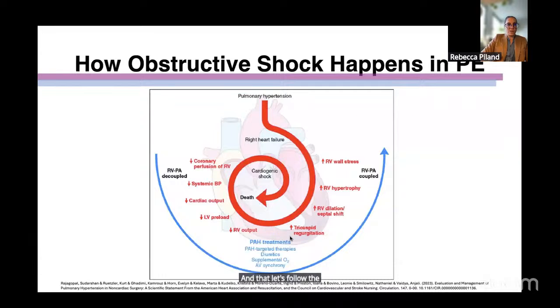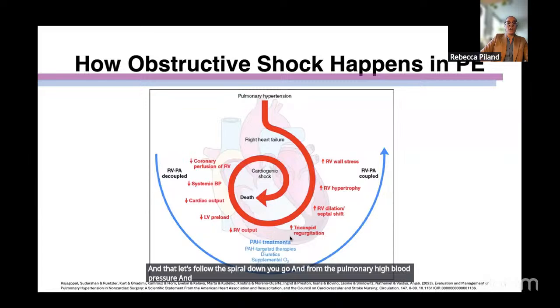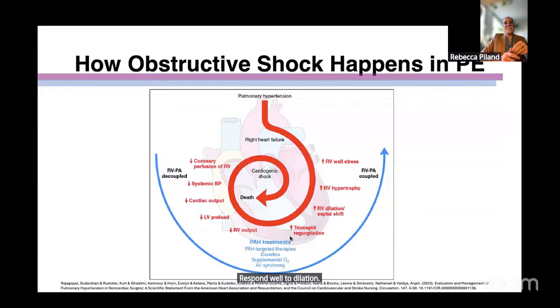From the pulmonary high blood pressure, it causes the right heart to struggle, especially in the acute setting. The right heart is much weaker than the left heart, and the way its muscles are oriented, it does not respond well to dilation. So it has an increase in wall stress, which, if it's a prolonged process, causes the RV to hypertrophy and build up extra muscle.